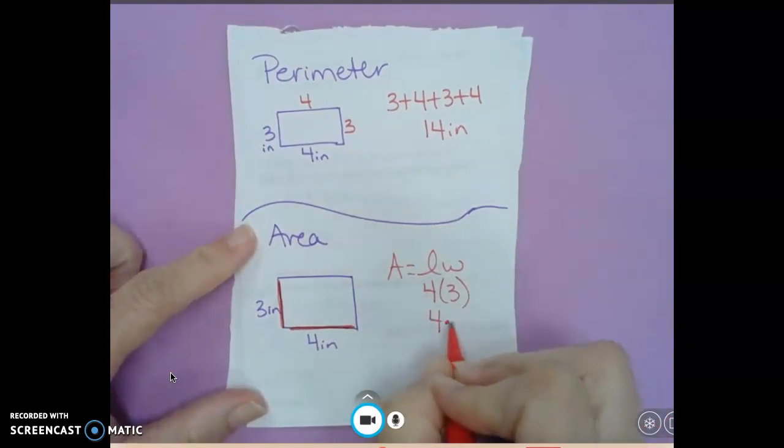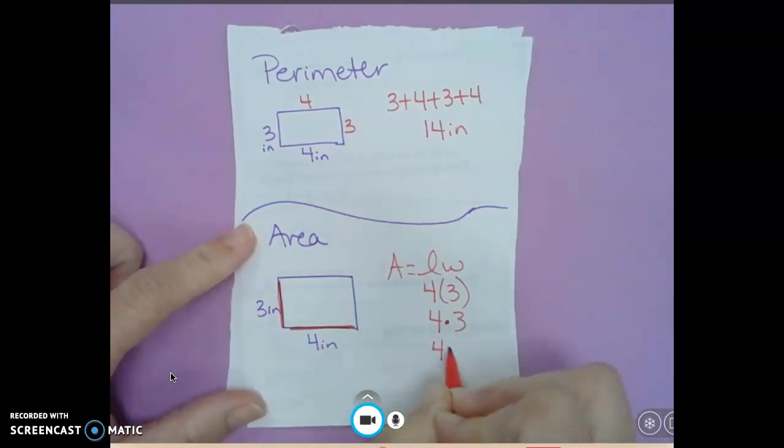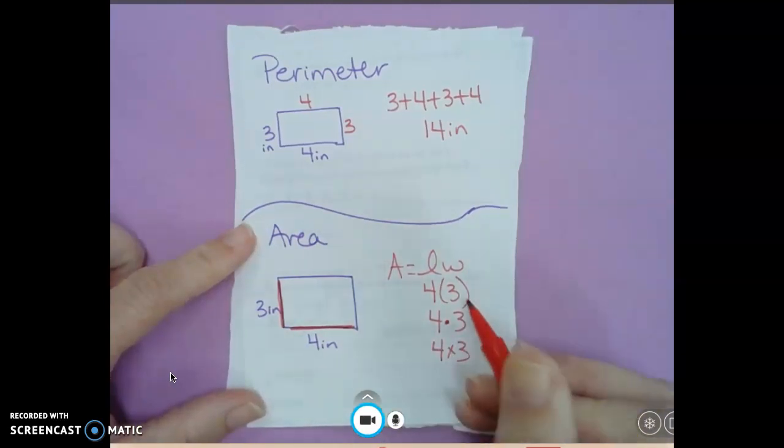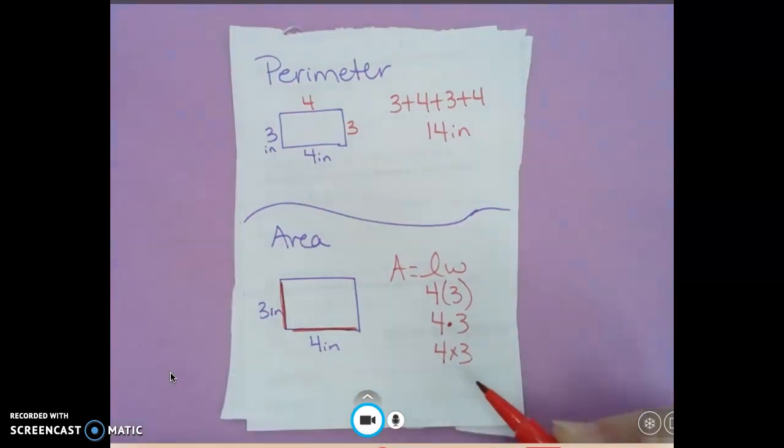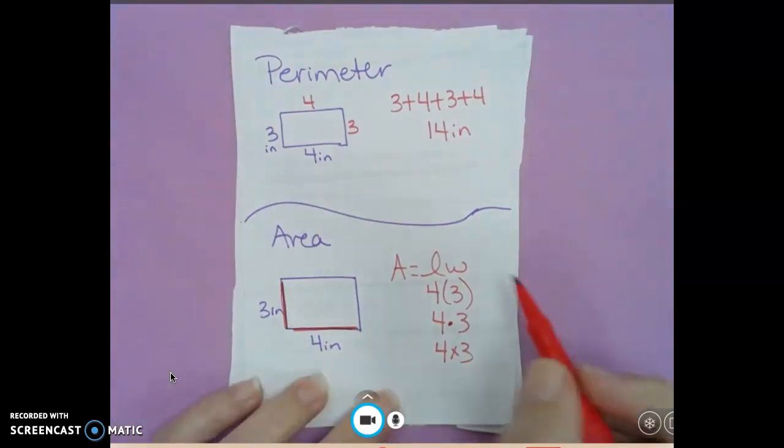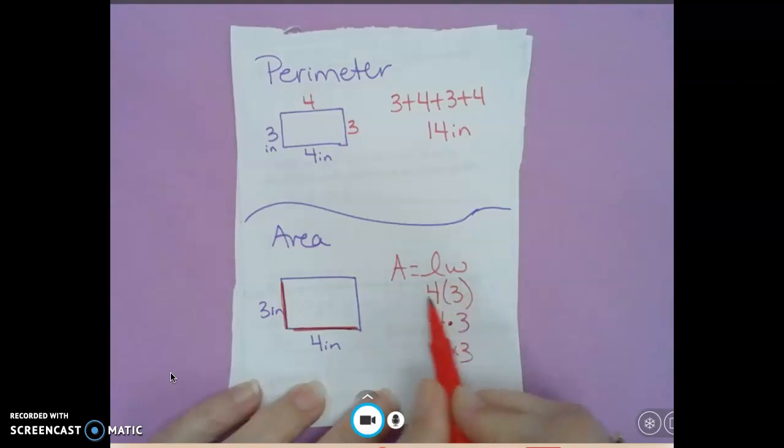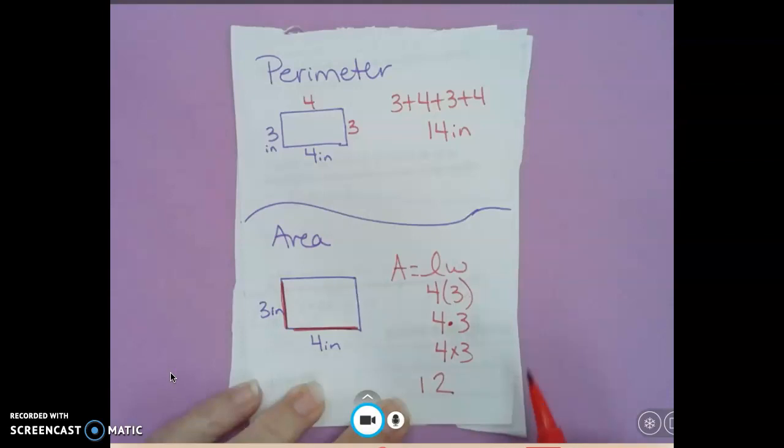Some people would prefer to do 4 and then like a dot for a 3, and some people prefer to do this. All of those mean 4 times 3. It doesn't matter which one you use, but typically when I'm explaining, I'm going to use the parenthesis. So all of those, that's going to give us 12. And since I say inches times inches, that's going to be square inches.